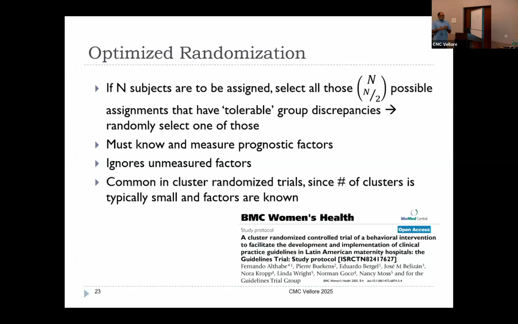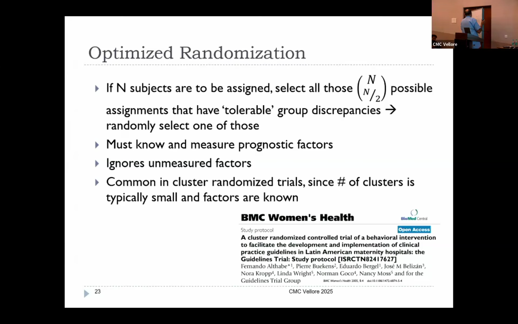And so they say, do it in a small number. So suppose I have only 6 clinics.